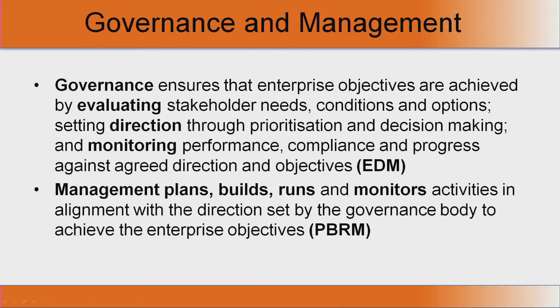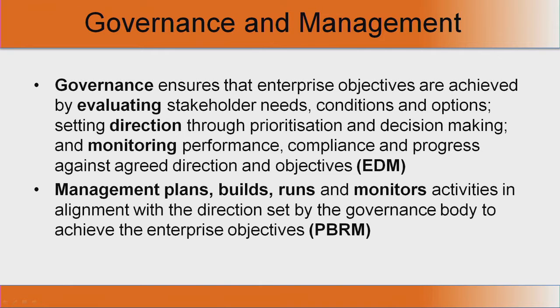Now, let us look at governance and management. What does governance ensure? It ensures that your enterprise objectives are achieved by evaluating the needs of the stakeholder, the conditions for ensuring that governance and the options for setting directions or guiding the organization through prioritization and decision making.